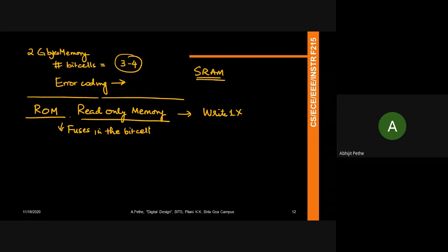Now, obviously, we have electrically erasable PROMs now, in fact for the last 30 years. Having a chip which can write only once is not a very smart design. So people have found ways where you can erase the entire memory and reuse it again. But essentially, what ROM means is that you treat it as a component where you either erase the entire memory or use the entire memory as such.